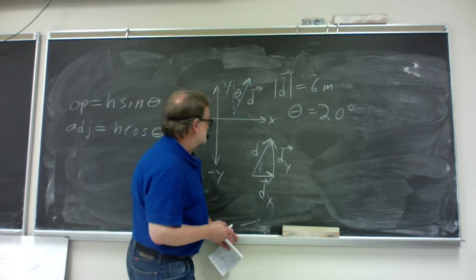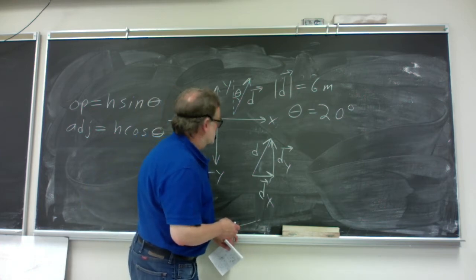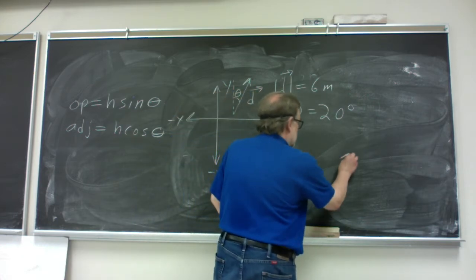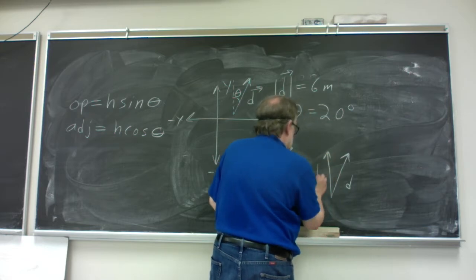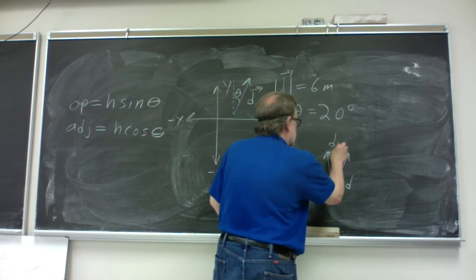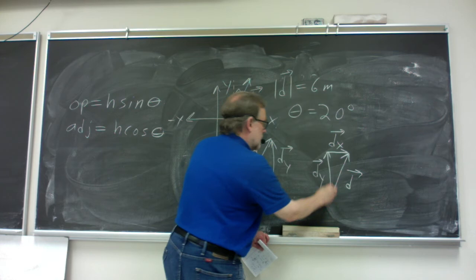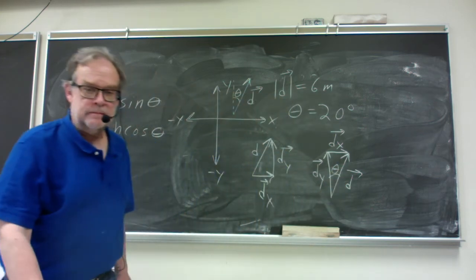And in this case, let me redraw that a little bit. Here's the vector d. Here's the y component. There's the x component. And there's the 20-degree angle that we're using.